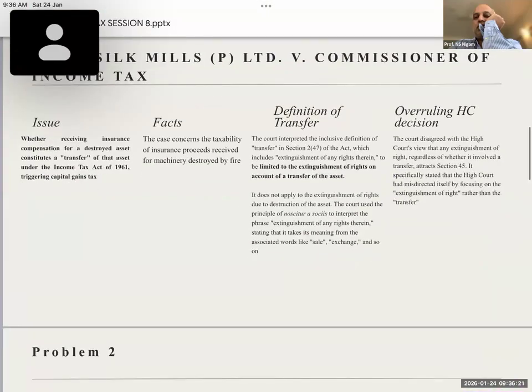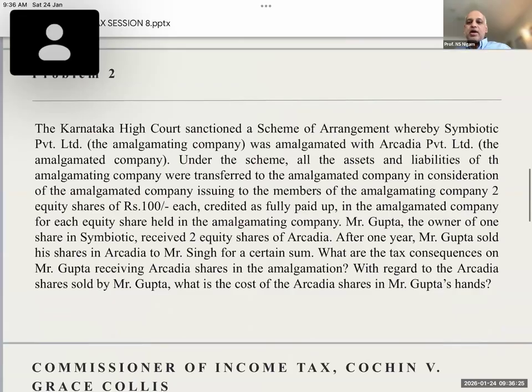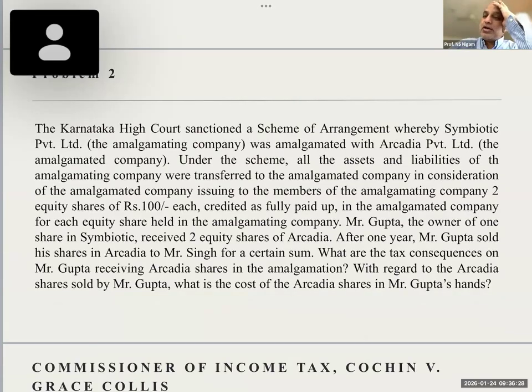Okay, so then we did the next problem, which was about an amalgamation, right? And I'm just going to read out the problem again for you. The Karnataka High Court sanctioned a scheme of arrangement whereby Symbiotic Private Limited, the amalgamating company, was amalgamated with Arcadia Private Limited, the amalgamated company.